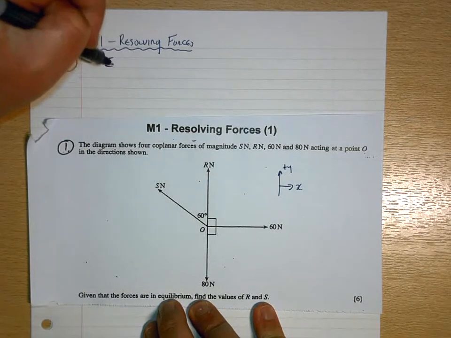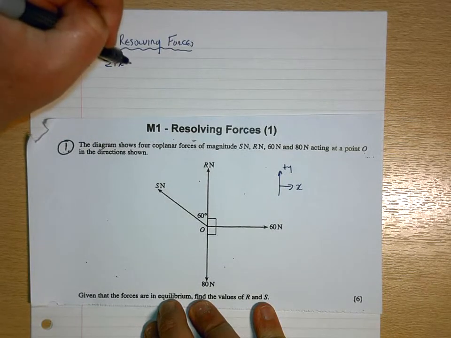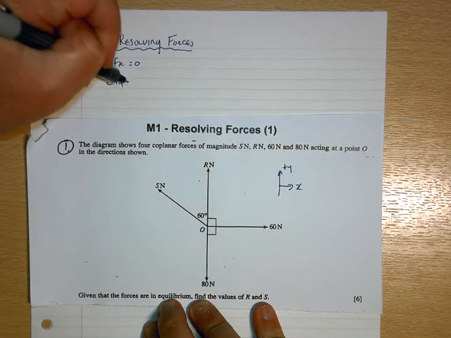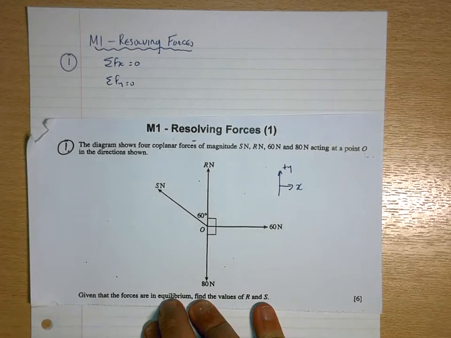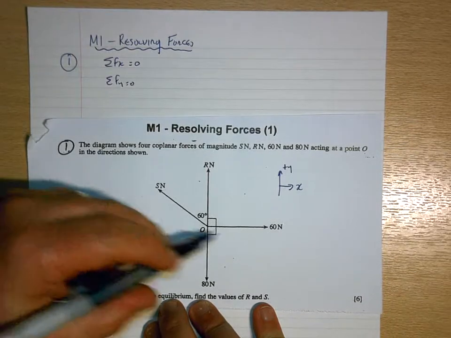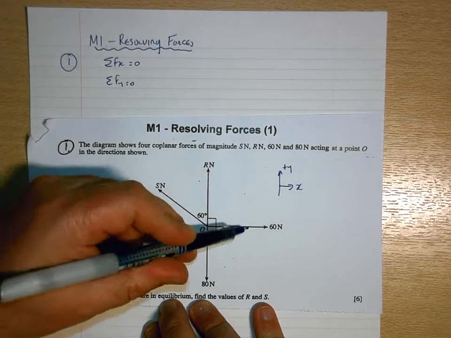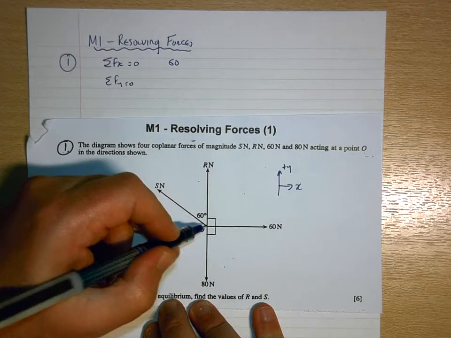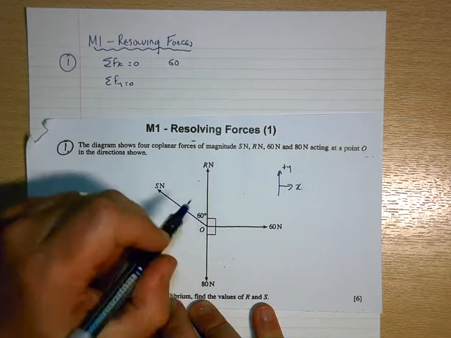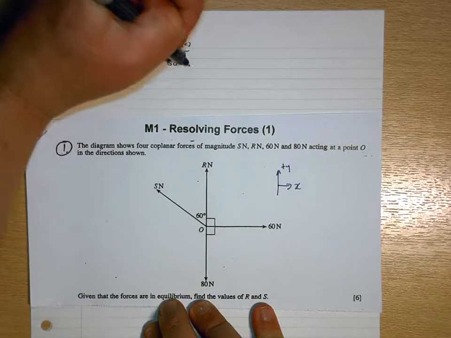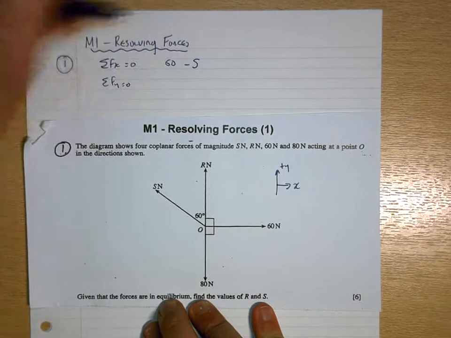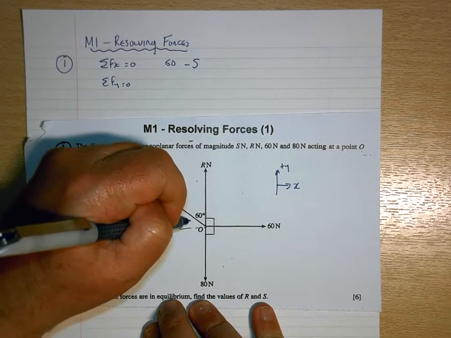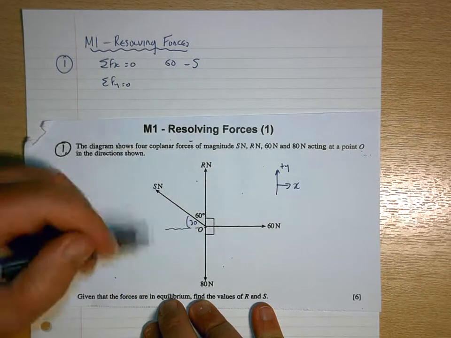So I know that the sum of the x components must equal 0, and the sum of the y components must also equal 0. So first of all, working in the x direction, the 60 is completely there. The r has no horizontal component. This one is going to be minus s, and if that is 60, that there is 30.